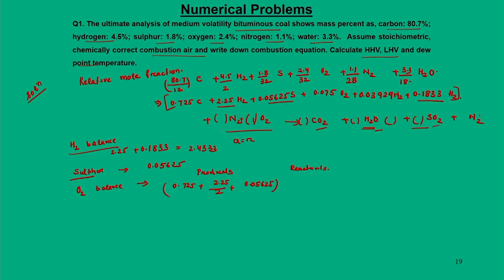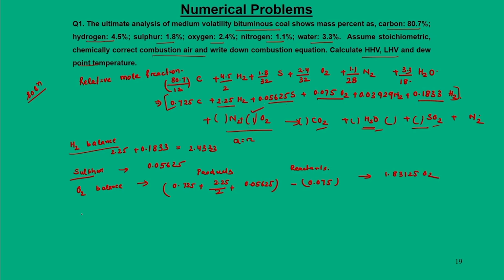Reactants will have oxygen from this side, that is minus 0.075. So, the balance amount that will come from oxygen here would be 1.83125.